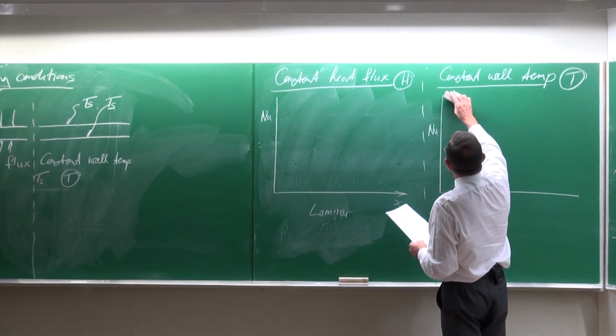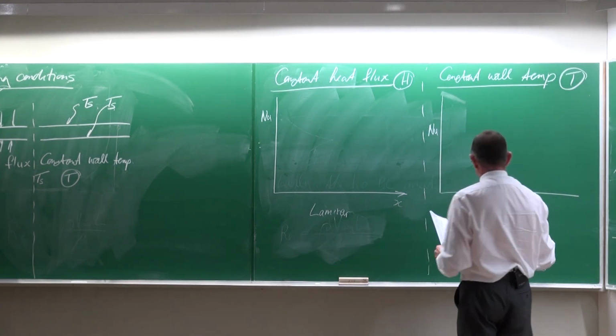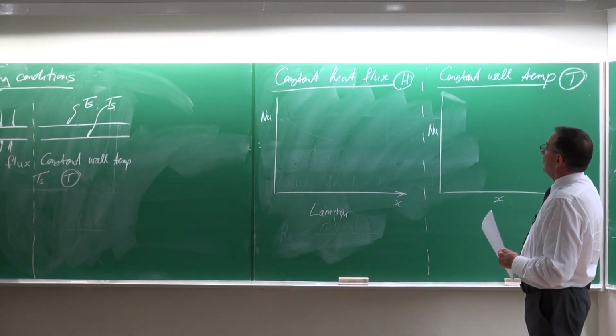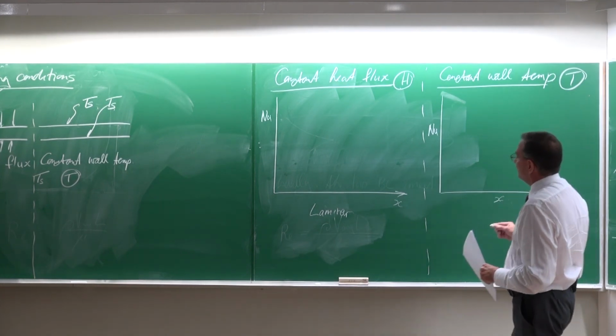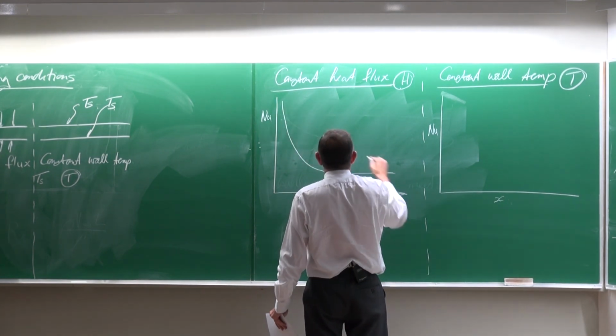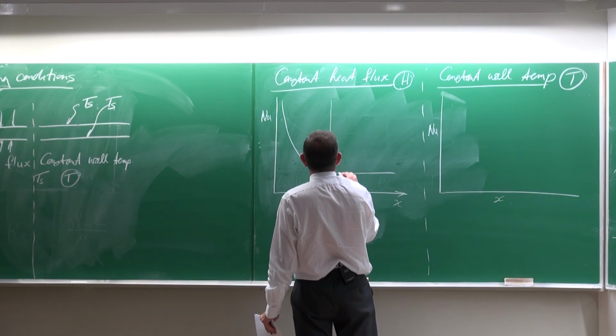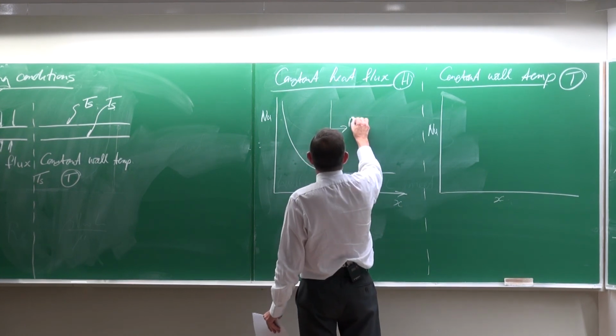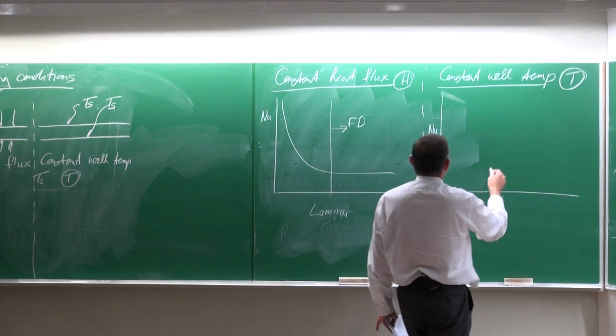Oh, sorry. Constant heat flux and a constant wall temperature. So the Nusselt numbers is going to do approximately that. There it is fully developed. On the left-hand side it is developing.